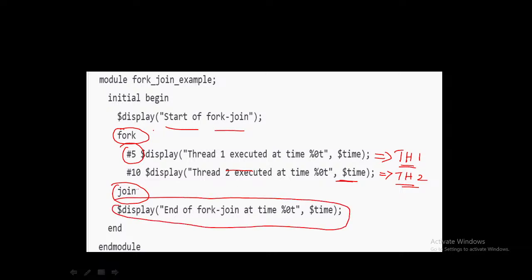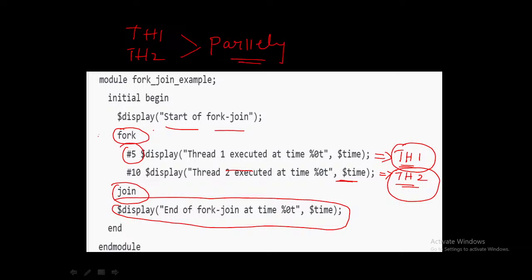As we have discussed in the previous slide also, these two threads will be running parallelly, that is, th1 and th2 will start executing at 0 time units only. If you don't use this fork join construct, then what happens?